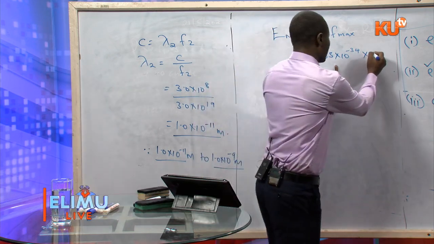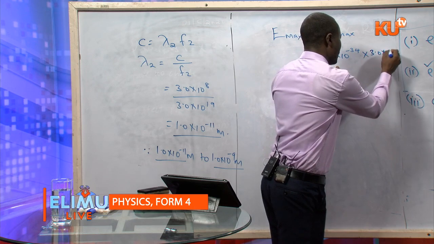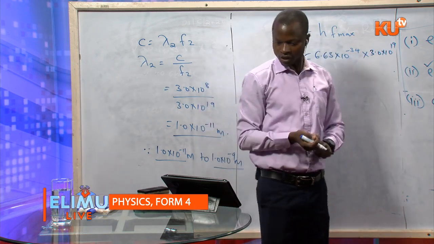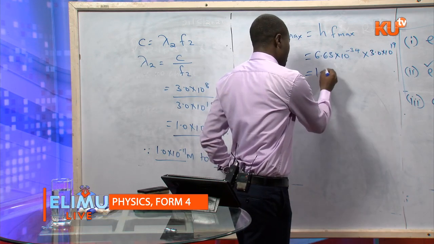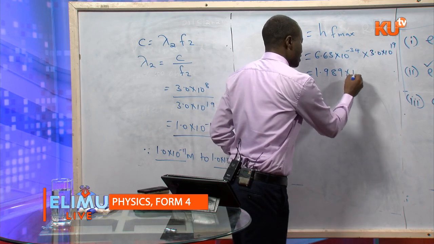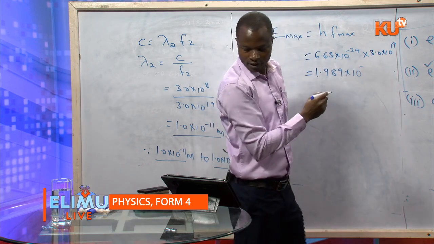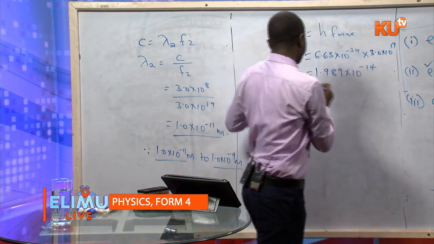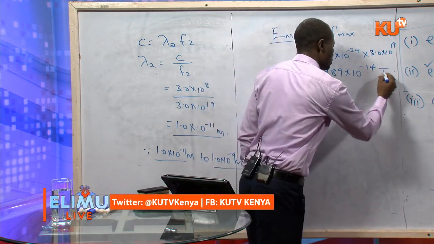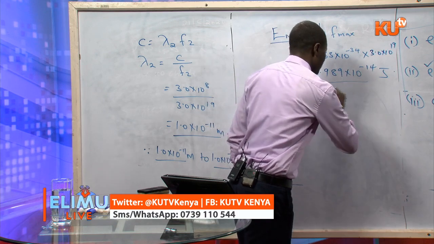Therefore, we shall take 3.0 times 10 power 19. If you use your calculator very well, then you should get 1.989 times 10 power negative 14. And what are we looking for? Energy. What are the units of energy? Joules. So you write there J. Very simple like that.